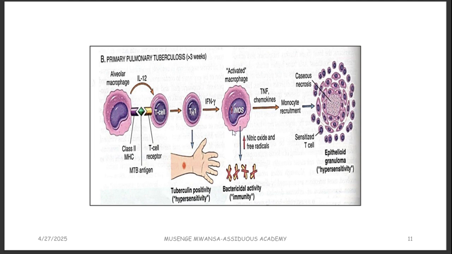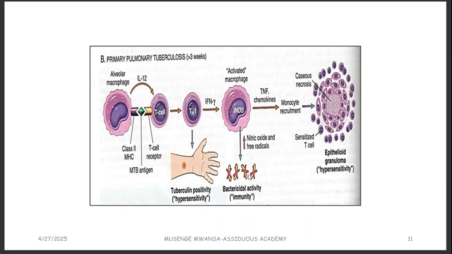Interferon gamma will activate the macrophage, that same macrophage that presented the bacteria to the T cell. Once activated, the macrophage will produce the nitric oxide, and you're also producing things like the free radicals. These guys will now end up destroying the bacteria.